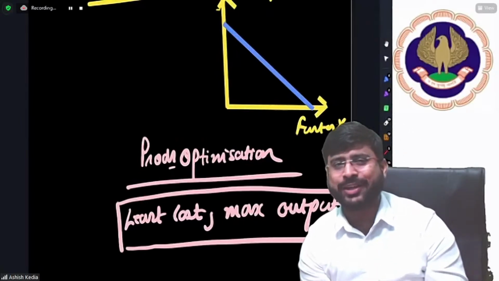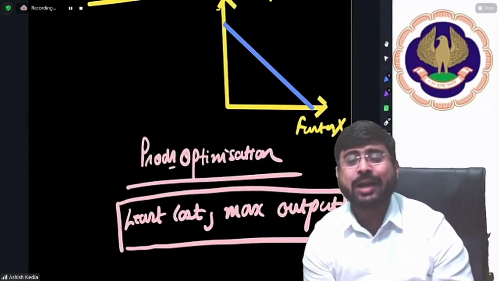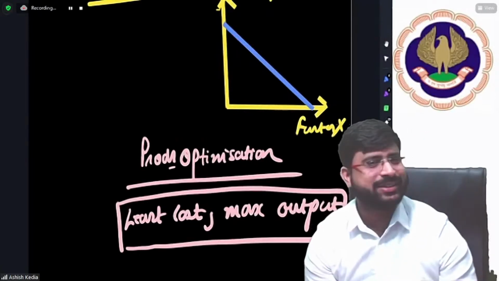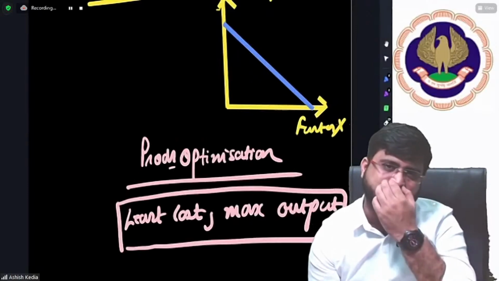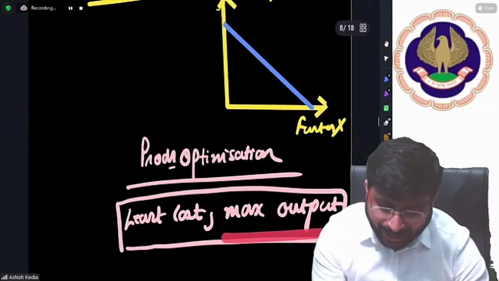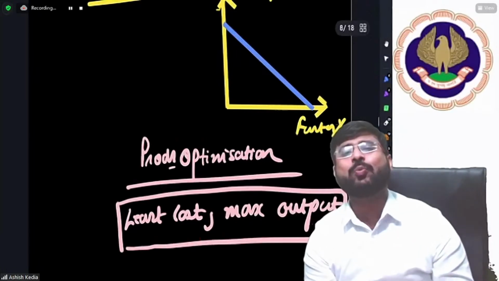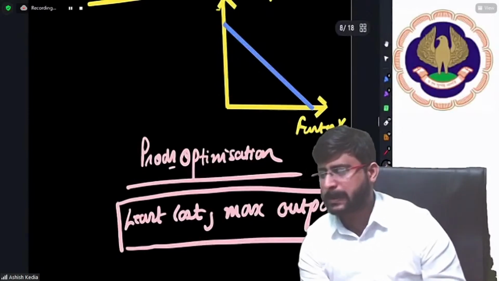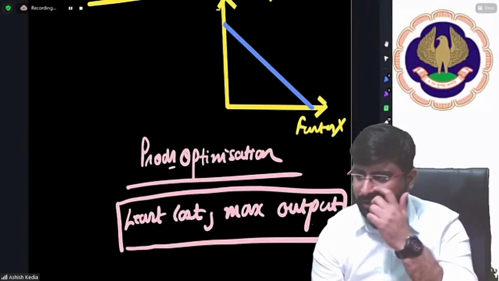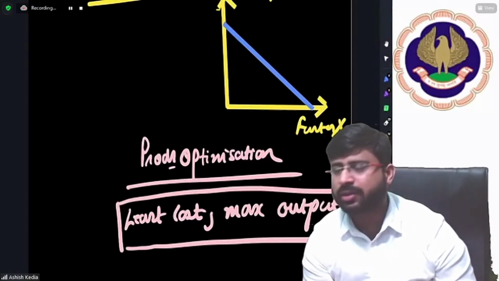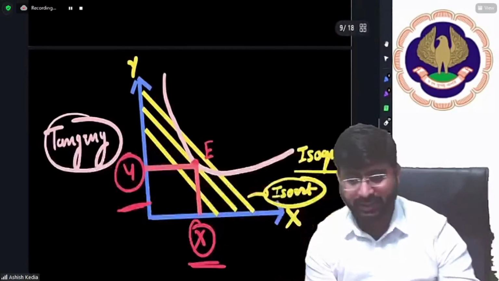Management is the art of knowing what you want your people to do and seeing that they do it in the best and the cheapest way possible. You remember this? That is production optimization. Best and the cheapest way. So most output at cheapest cost. That is production optimization.